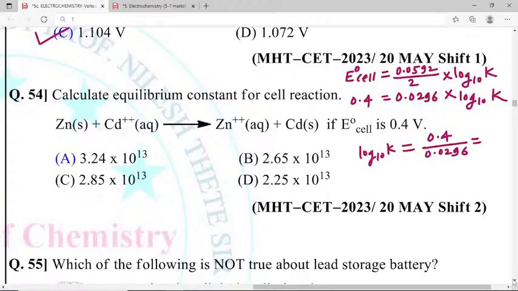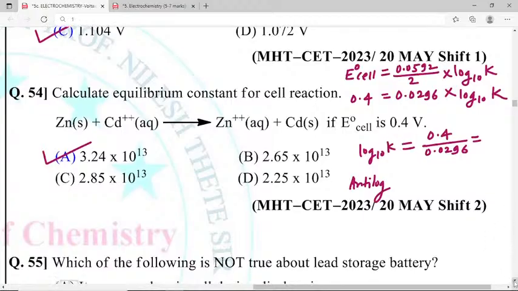Solve this, and then by taking antilog on this side, we'll get 3.24 into 10 to power 13.